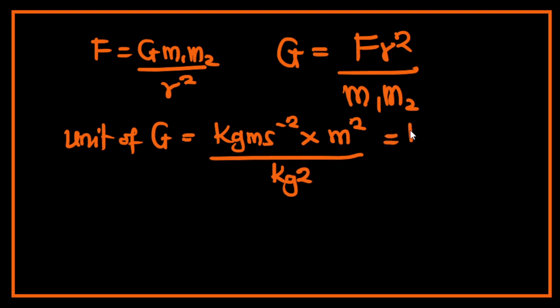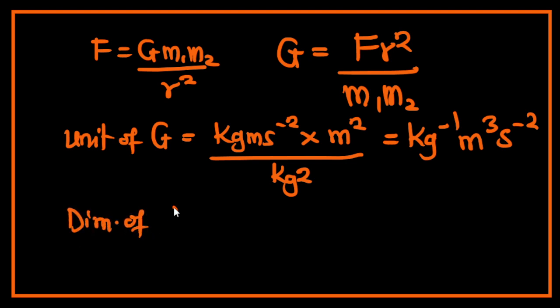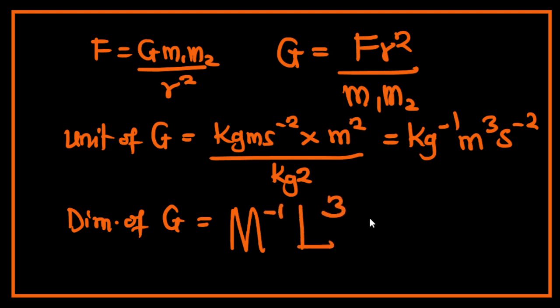So using the law of indices, you have kg raised to the power of -1, m cubed, then s raised to the power of -2. So the dimension for G is M raised to the power of -1, L raised to the power of 3, and T raised to the power of -2.